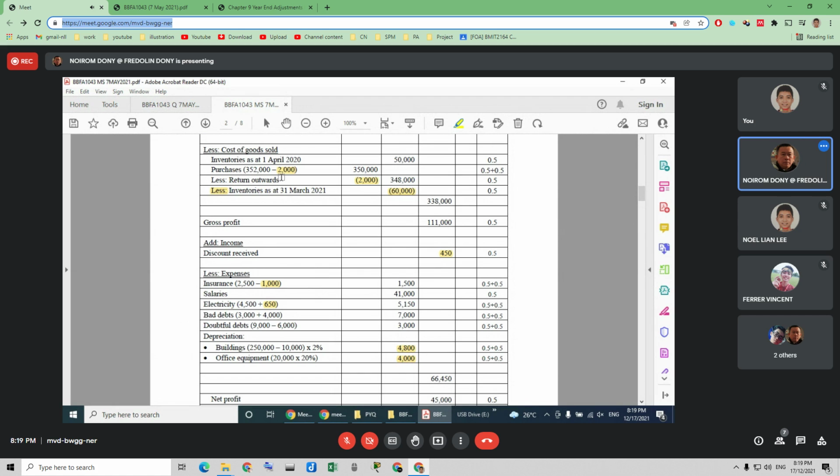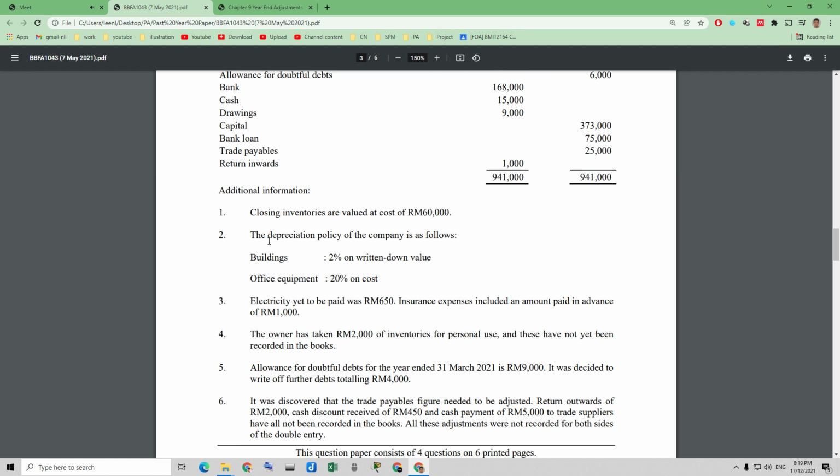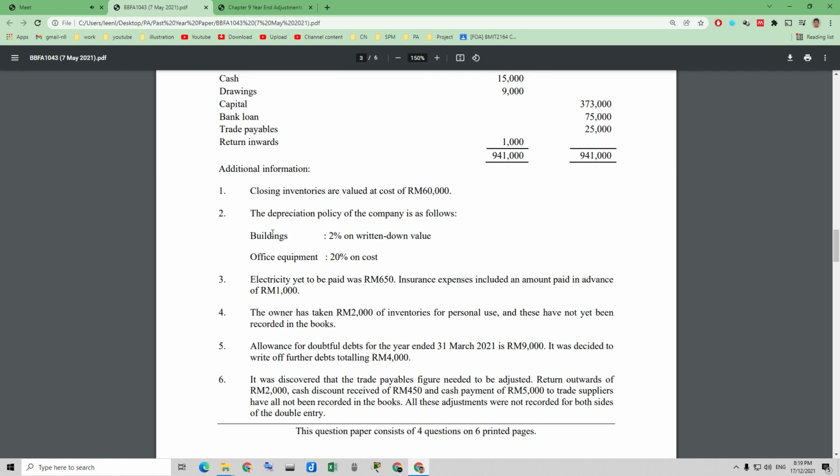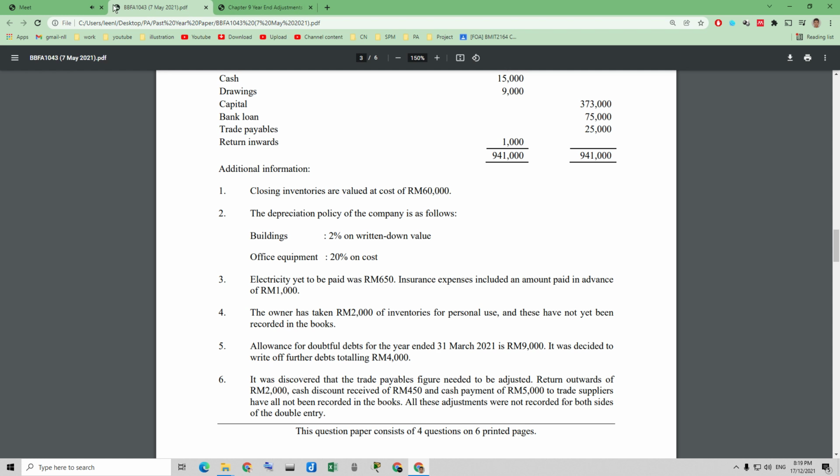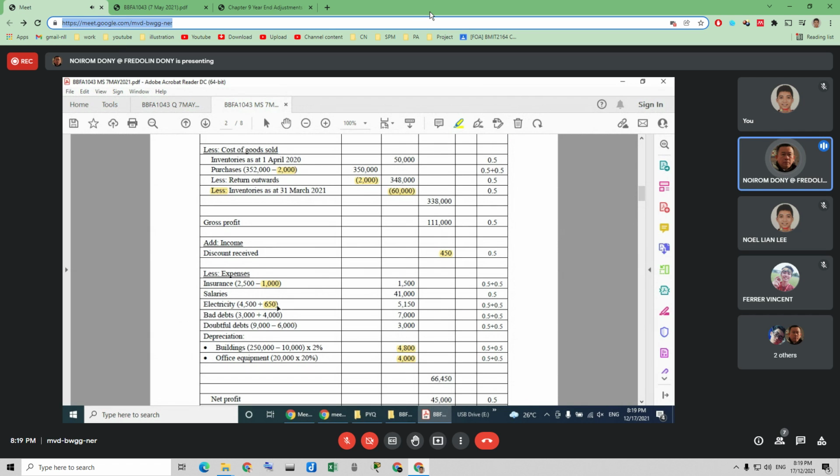Number 5, allowance for doubtful debts for the year ended 31st of December is 9,000. It was decided to write off further debts totaling 4,000. So meaning the bad debts of 4,000 have not been recorded. So we need to record it first. We have the existing bad debts in the trial balance, which is 3,000.